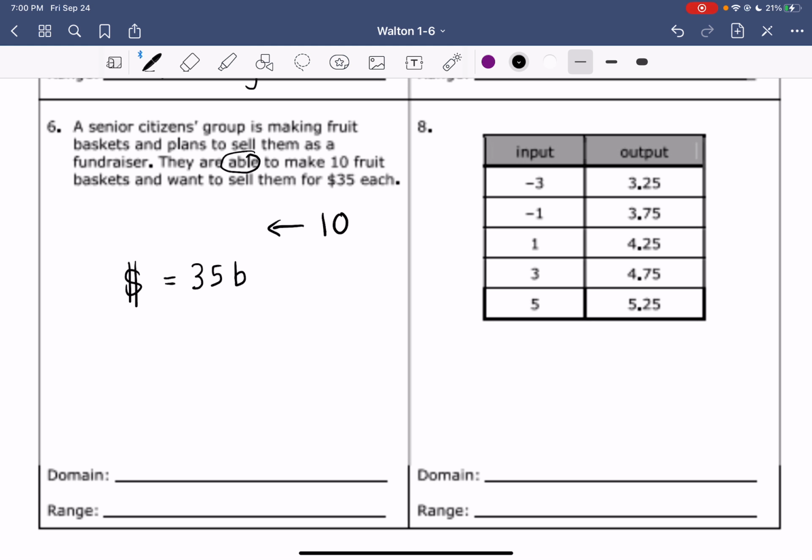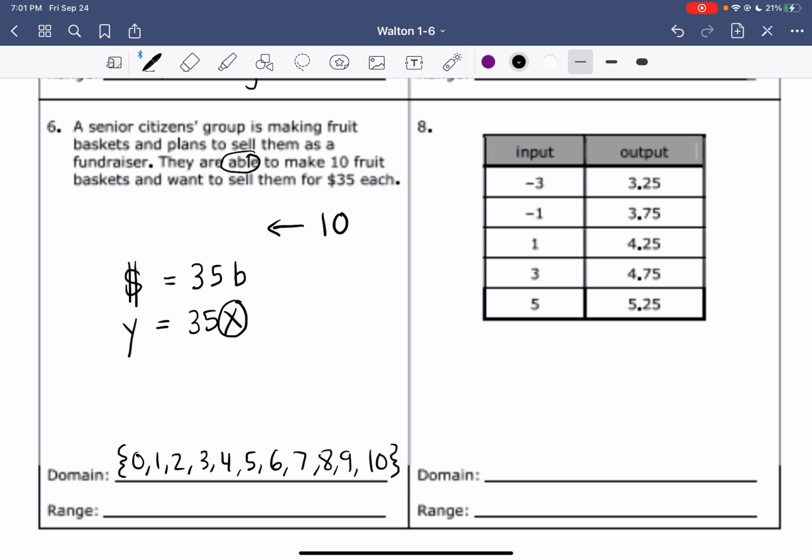So if I think of that as a graph, I know that I can actually look at y equals 35x. So now I can take my baskets, so we know they can make anywhere from 0 to 10. So our domain values are going to be 0, 1, 2, 3, 4, 5, 6, 7, 8, 9, and 10.